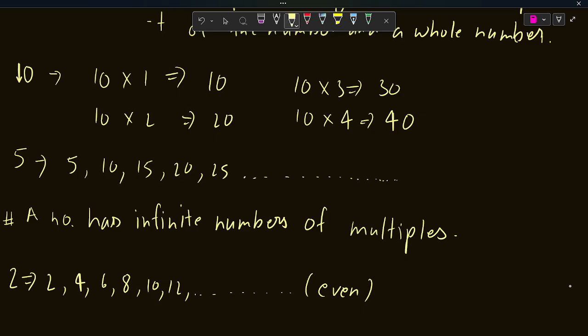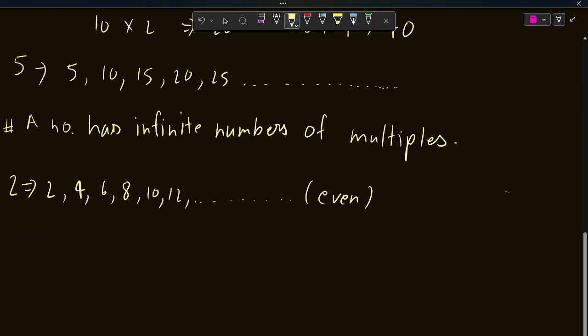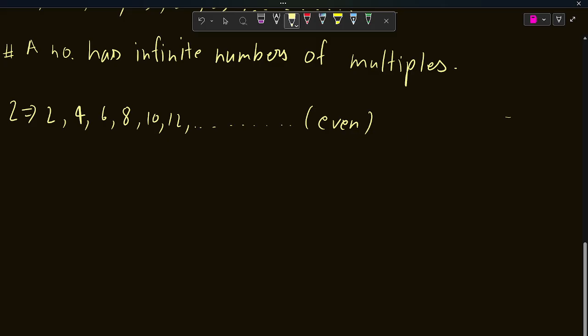Similarly, 2 is also a multiple of 2. So we can say that all numbers are multiples of themselves. A number is a multiple of itself.